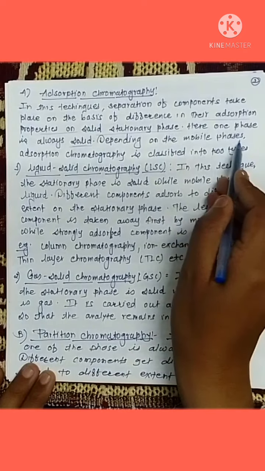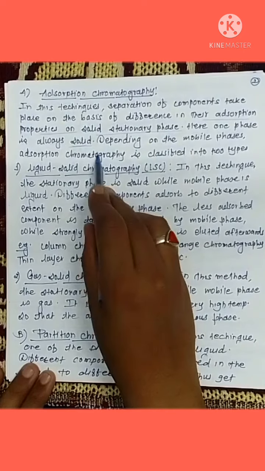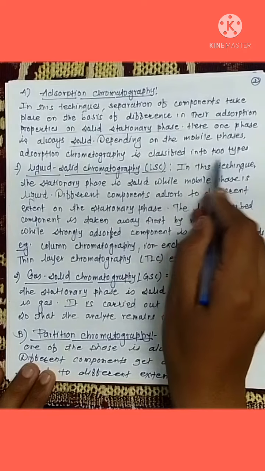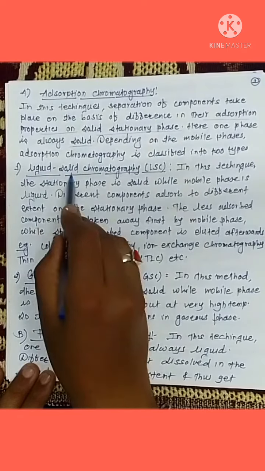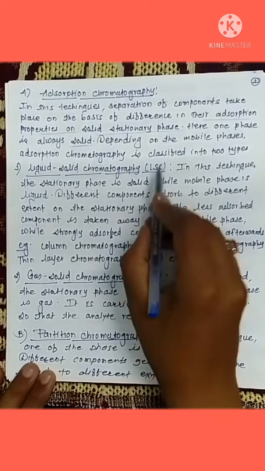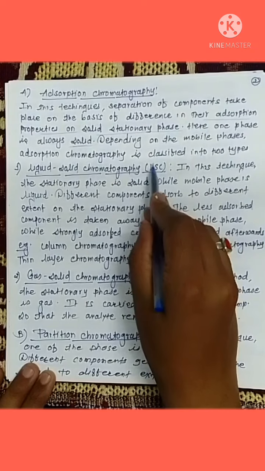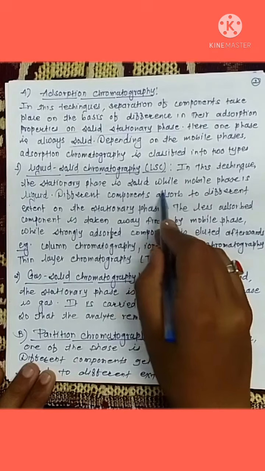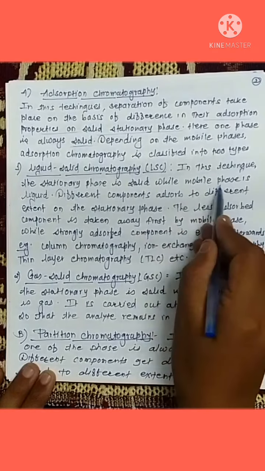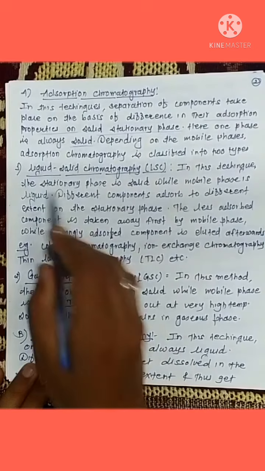Depending on the mobile phase, adsorption chromatography is classified into two types. First type is liquid solid chromatography, shortly abbreviated as LSC. In this technique, the stationary phase is a solid while the mobile phase is liquid.